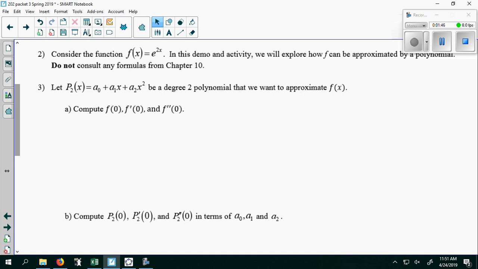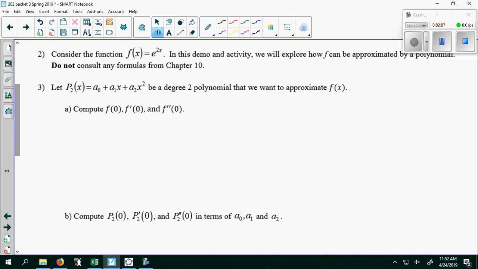So it's a degree 2 polynomial, which means it has the form a0 plus a1x plus a2x squared. Or you could use a, b, and c, but in the case of a degree 49 polynomial, we would have run out of letters. So our standard notation is to just call them all a, but put a subscript on them.